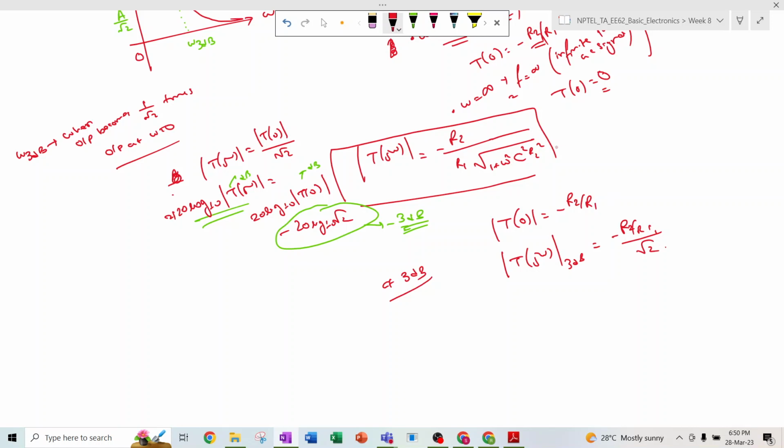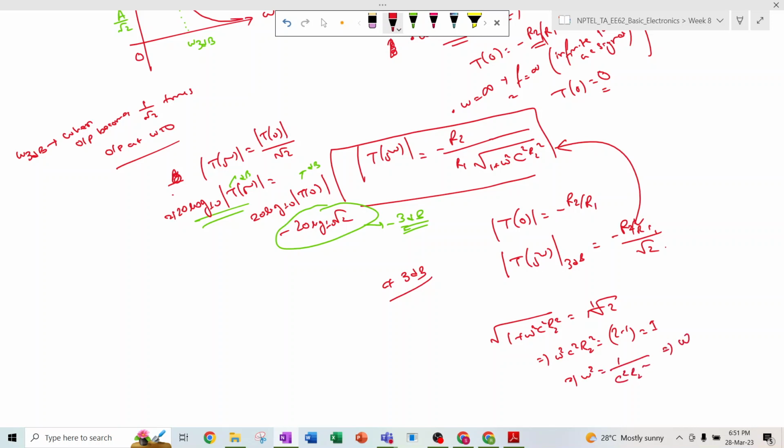If we compare this equation with this, then we get that root over 1 plus omega square C square R2 square is root over 2. That means omega square C square R2 square is 2 minus 1, which is 1, and similarly omega square is 1 divided by C square R2 square, or omega is basically 1 divided by R2C.